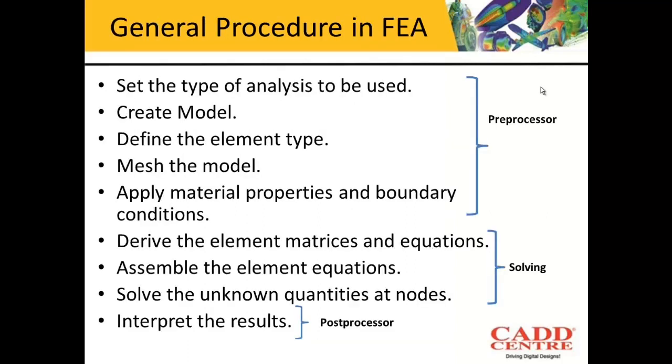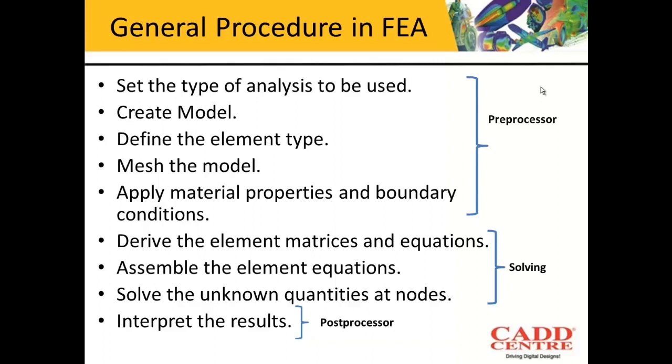Next, let us discuss the general procedure that is involved in a FEA. Every analysis procedure starts with setting the type of analysis to be performed, whether it is structural analysis or thermal analysis or modal analysis, followed by creating the model. Then meshing the model, that is, we will break down the model into finite elements, and after that we will apply the material properties and boundary conditions.